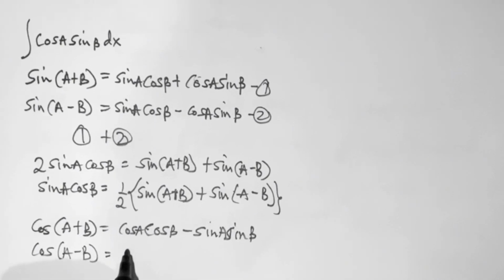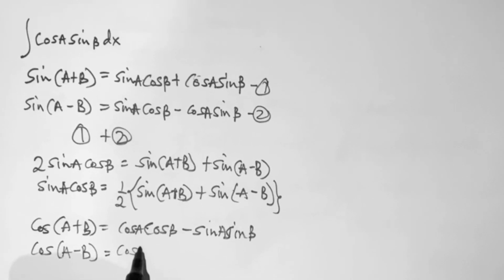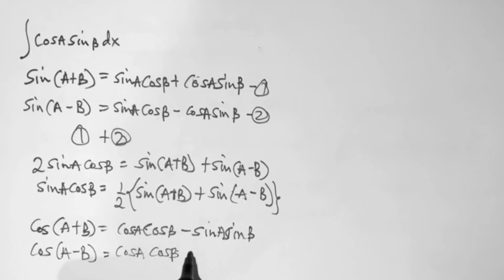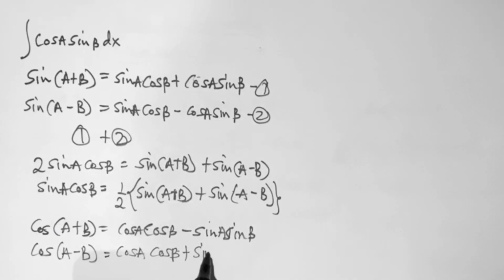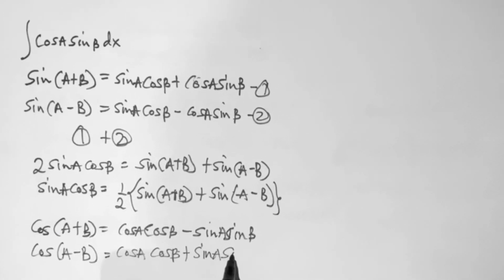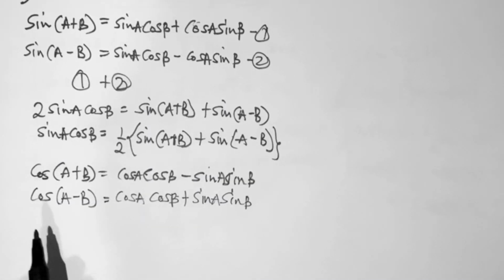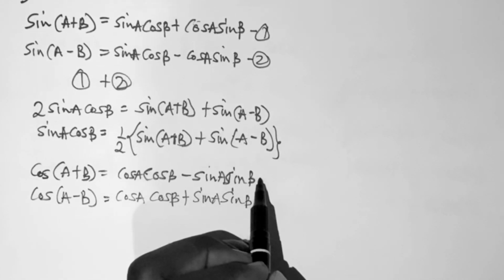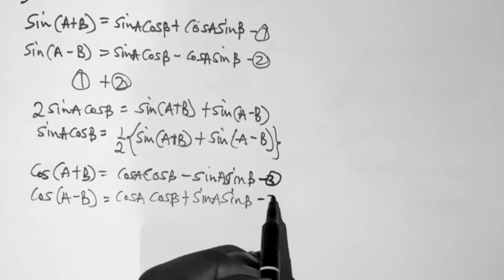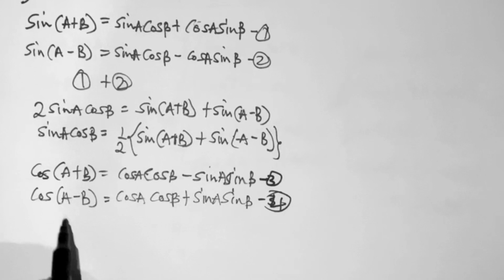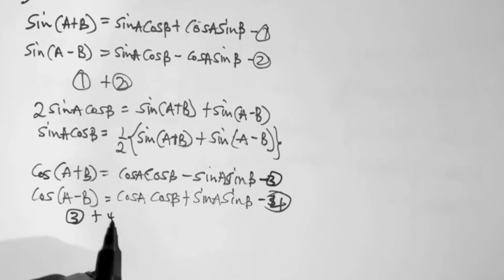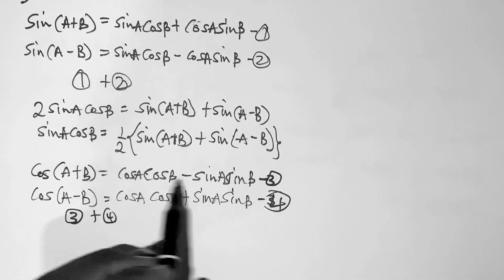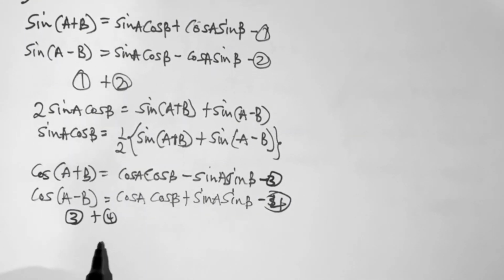It's equal to cos A cos B plus sine A sine B. So in like manner, let's say this is equation 3 and this is equation 4. If we add equation 3 and equation 4, the sine terms will go away. So cos A cos B plus cos A cos B is 2 cos A cos B.